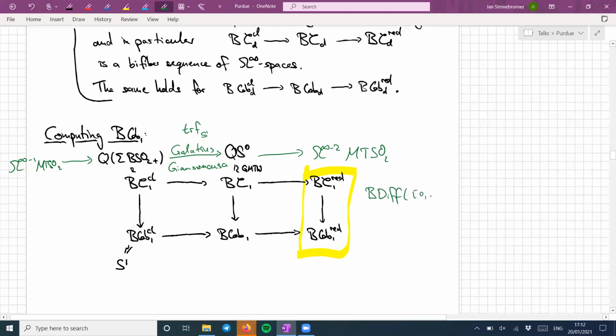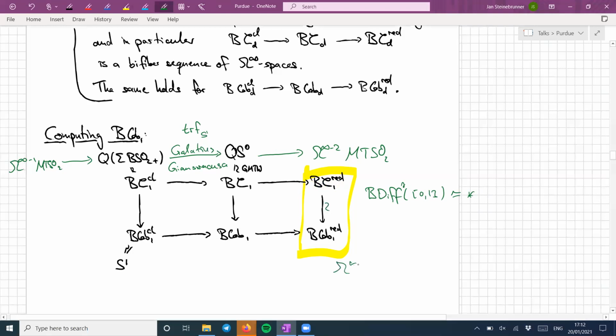And we already said that the BDiff of an interval relative to the boundary is contractible. So these moduli spaces in the reduced bordism category don't contribute anything homotopically. And therefore, this thing is already actually equivalent to its homotopy category.